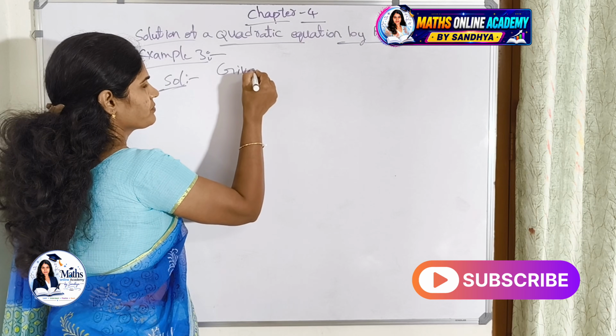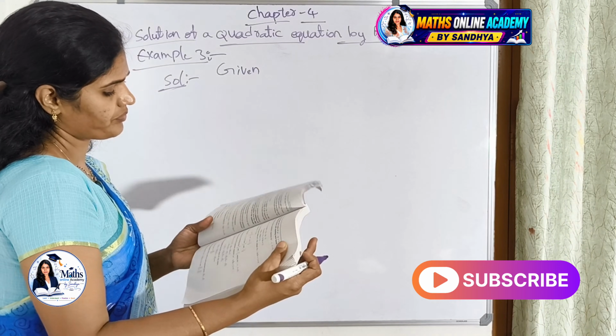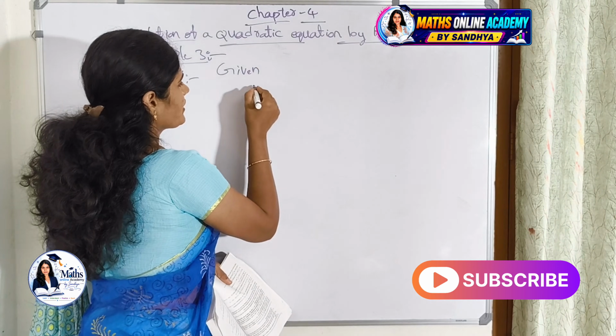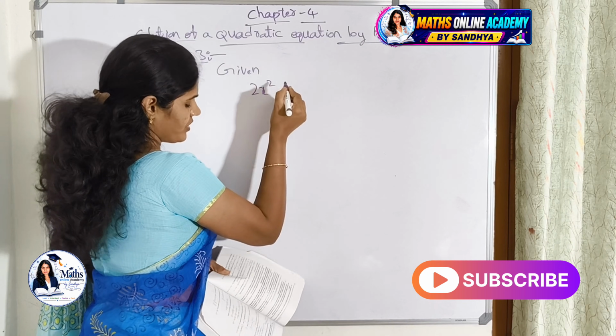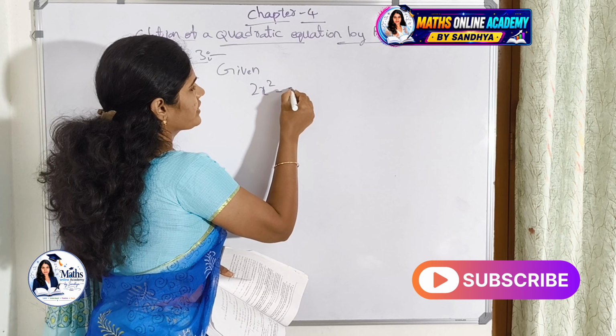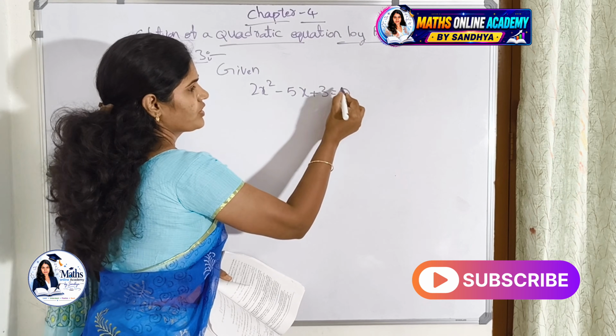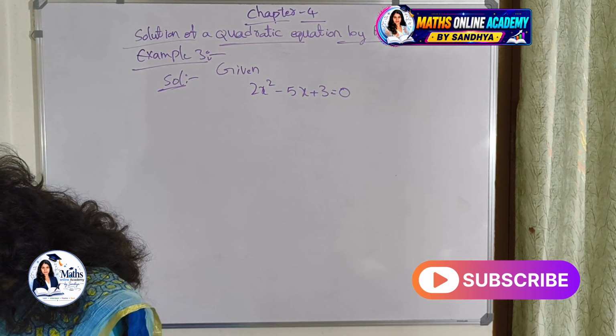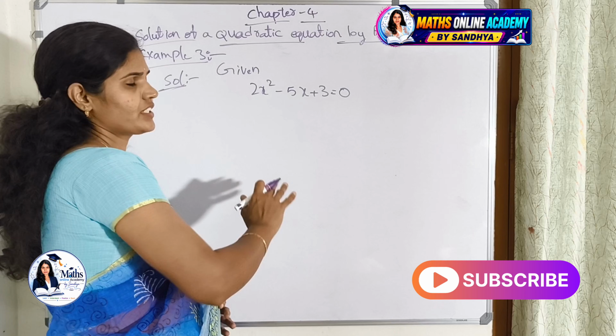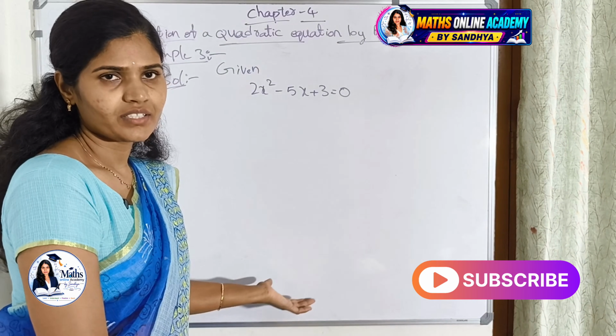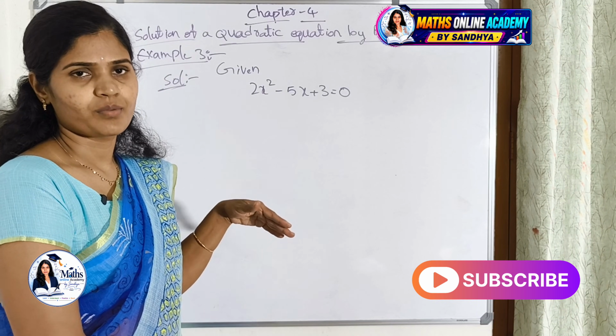Given equation: 2x square minus 5x plus 3 equal to 0. See carefully. If you get this equation by using the same method, you can solve the remaining problems also.